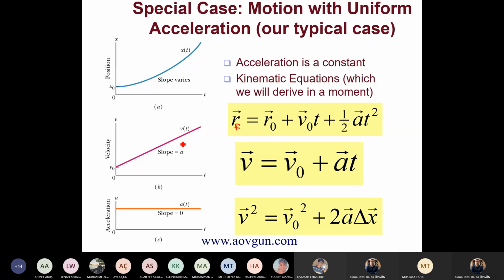The first equation is the position vector. The second one is the velocity vector: V final is equal to V initial plus a t.